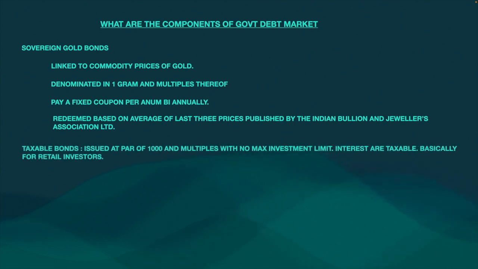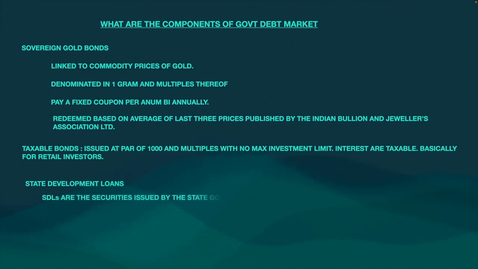There are something called taxable bonds. Taxable bonds are issued at par of 1000 and multiples, with no maximum investment limit. Whatever interest you receive is taxable. This is basically for retail investors like us. State development loans, I have already told. These are the bonds issued by the state government.